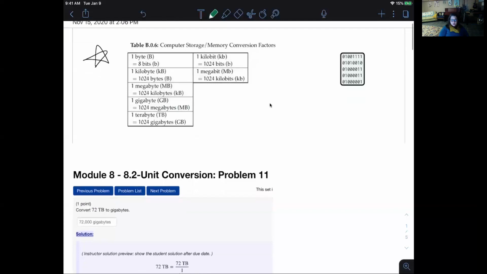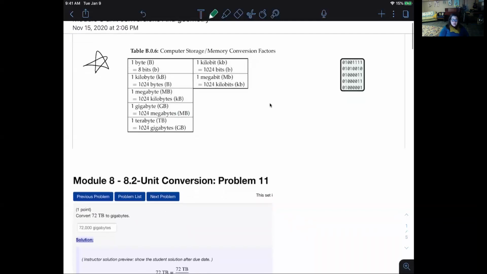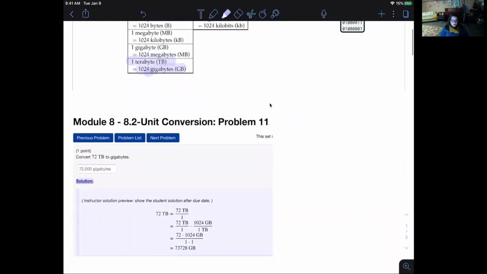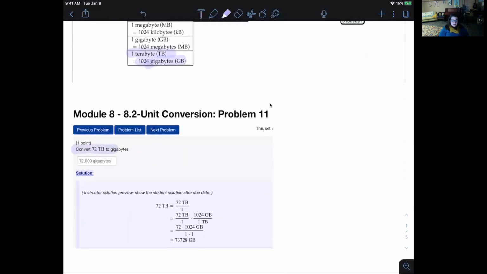I never memorized this, but it says here that 1 byte is equal to 8 bits, and then all the way down the line, terabytes and gigabytes. This question wants you to convert 72 TB, which is terabytes, to gigabytes. We're going to use that conversion factor right there.